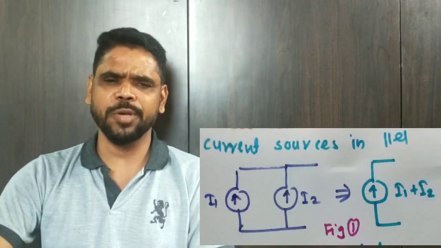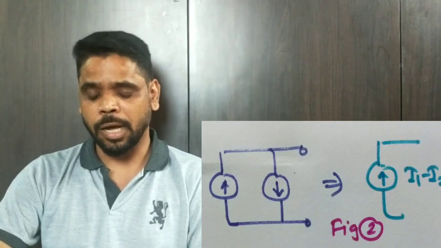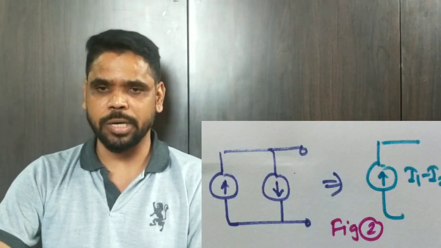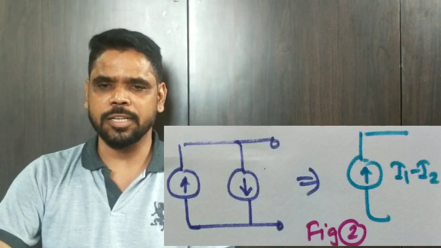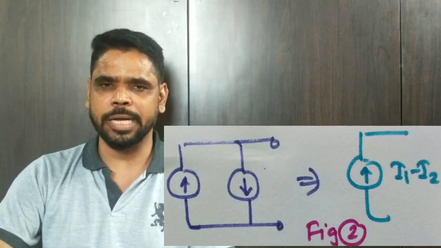Now in the same figure 1, if both the current sources are passing the current in downward direction, then the resultant current source will also be in a downward direction with the value I1 plus I2. Now we'll move towards figure 2, where I1 is passing the current in upward direction, I2 is passing the current in the downward direction. In such case, the resultant current, if you consider it in upward direction, will be I1 minus I2.